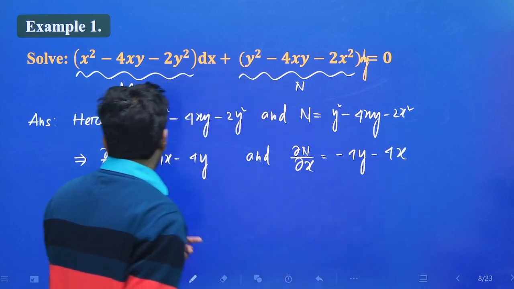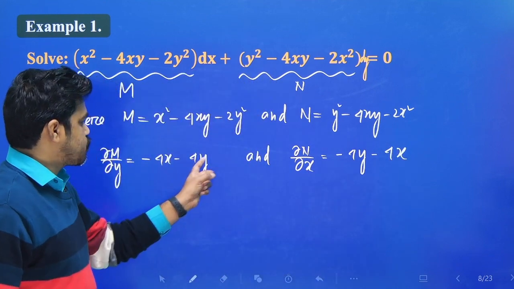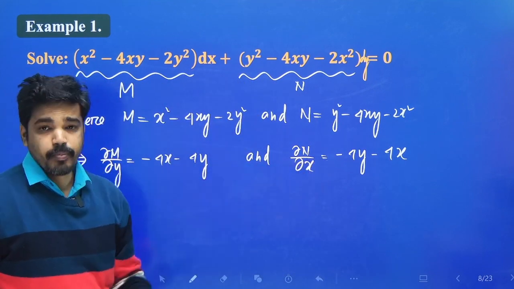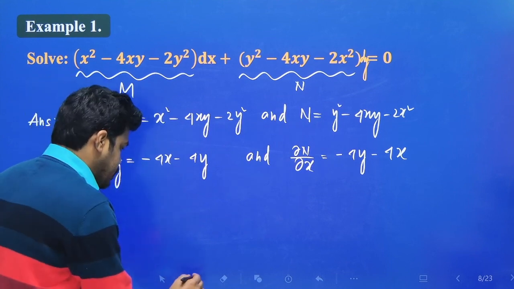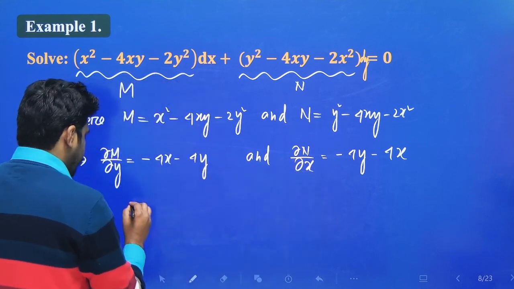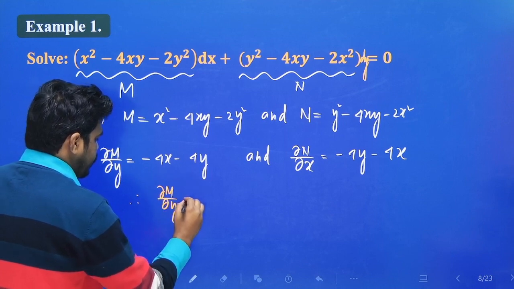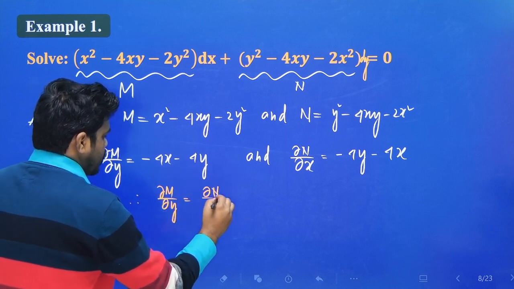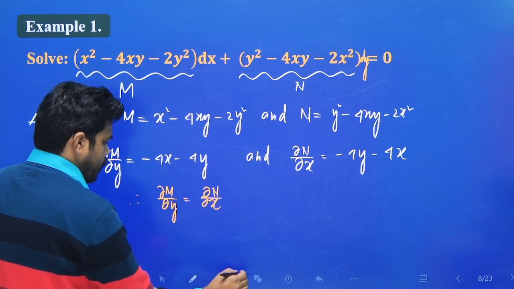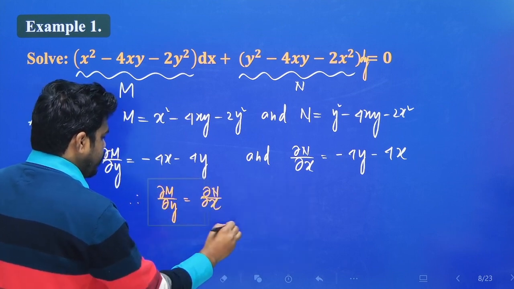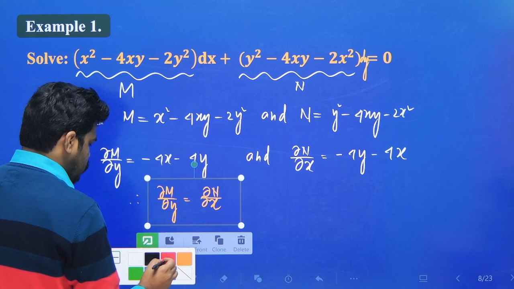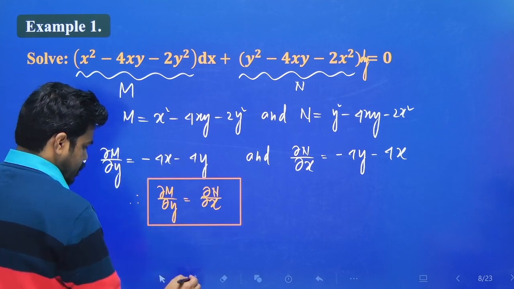Just see, ∂M/∂y is −4x − 4y, ∂N/∂x is −4y − 4x. So we conclude that ∂M/∂y is equal to ∂N/∂x. Hence the given partial differential equation is exact.